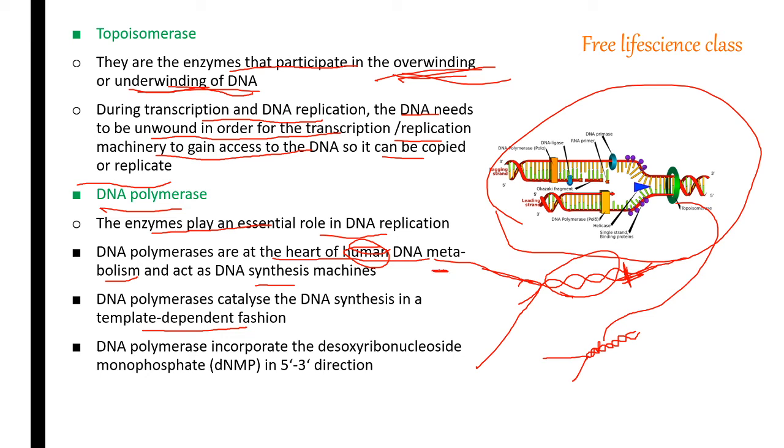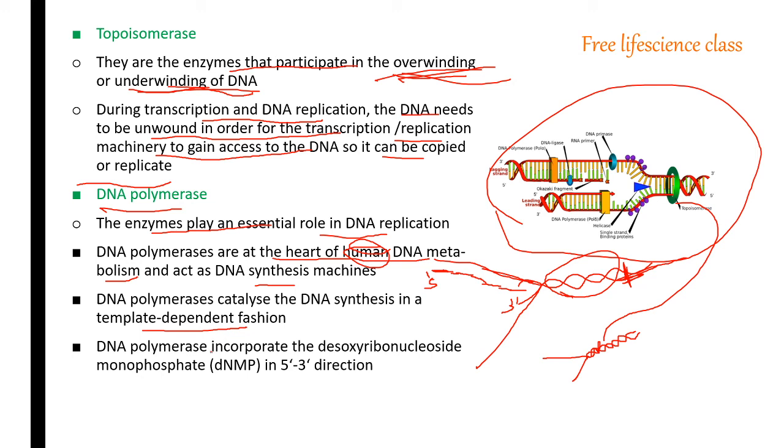When the primer binds to the template strand, the DNA polymerase will add nucleotides to the 3' end of the newly synthesizing DNA. And always remember that the new strand will be synthesized in the 5' to 3' direction.